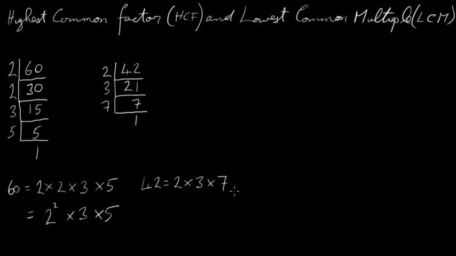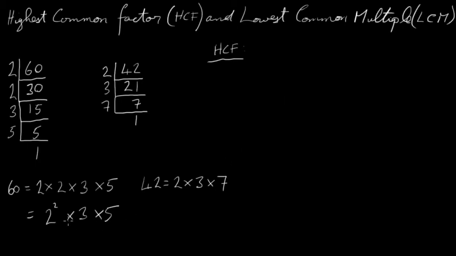So we've done the first step. What we've done is we've written 60 and 42 as the product of their prime factors. Now we're going to work out, using this information, the highest common factor and the lowest common multiple of both these numbers. So let's start with the highest common factor.